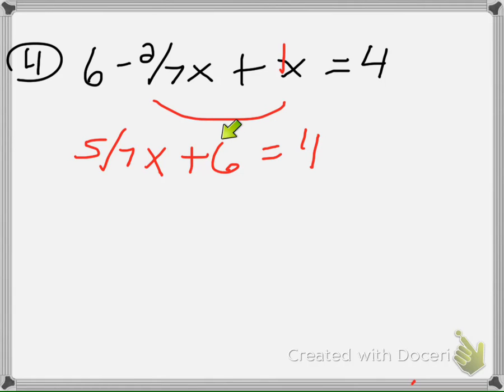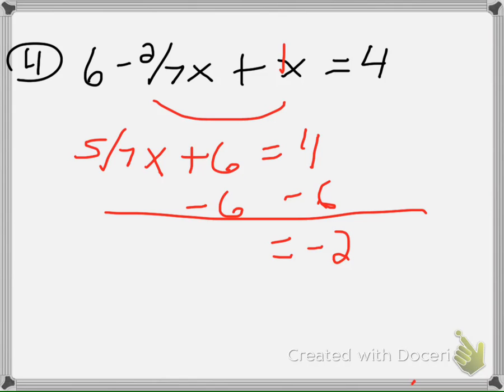Always get rid of addition and subtraction first. Over here, 4, take away 6 is negative 2. Over here, 5/7 x, because this is 0.